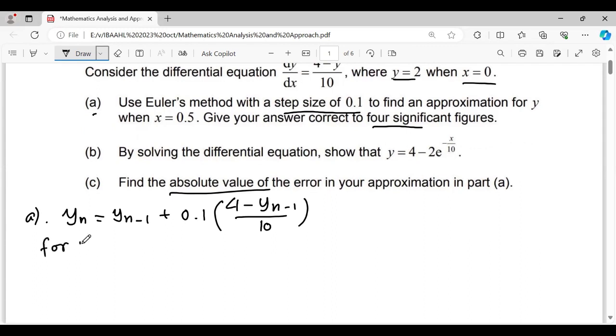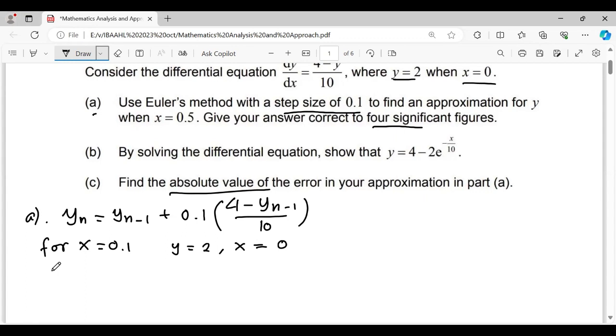For x equals 0.1, the first step, y equals 2 based on this information, and x equals 0.